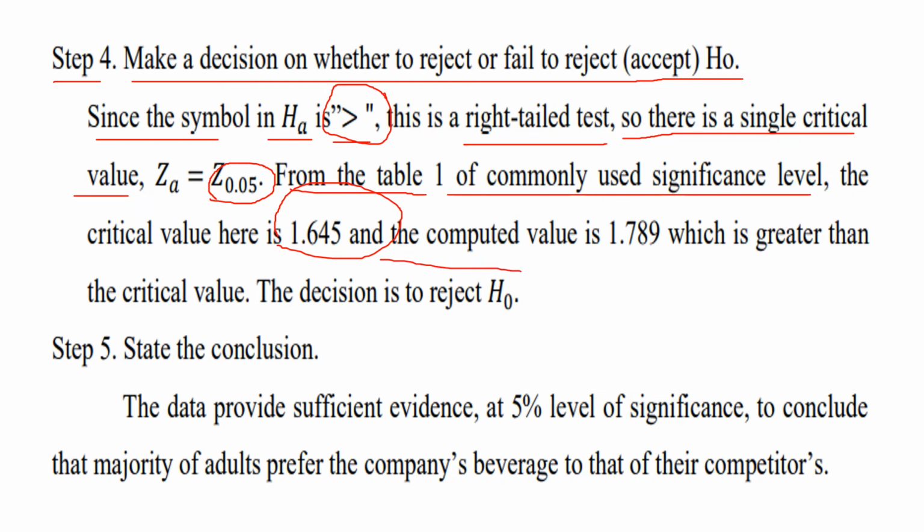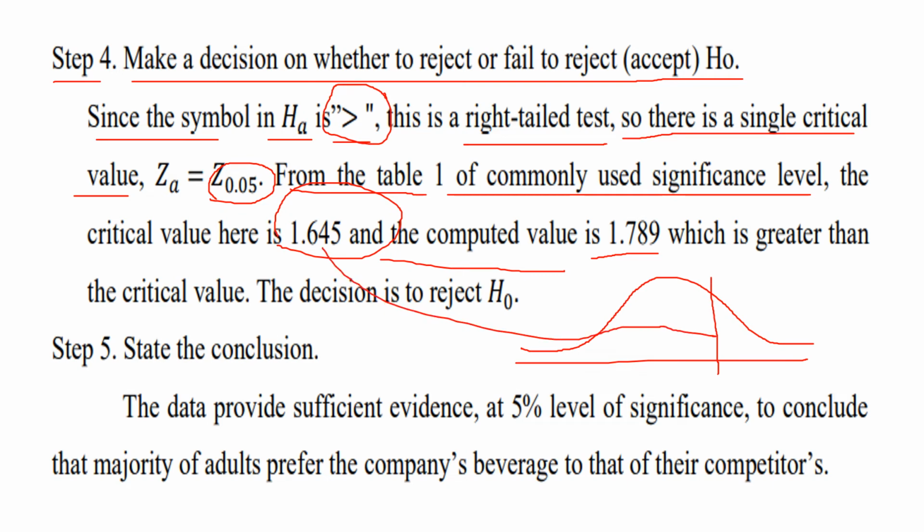So the computed value is 1.789, which is greater than the critical value. So the decision is to reject your null. So for example, if this is your normal curve, somewhere here will fall your critical value, which is 1.645.